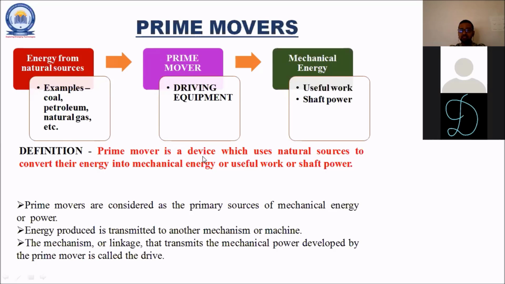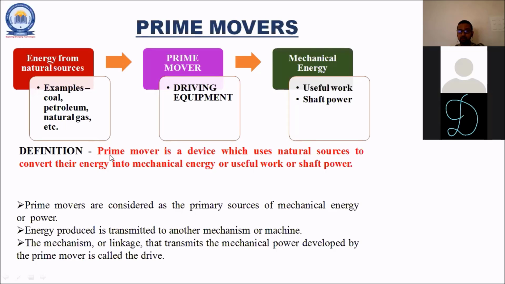The prime mover is a device which uses the natural sources to convert their energy into the mechanical energy or the useful work or the shaft power. Repeating the definition once again, so try to remember, try to understand the basic concept, the theoretical approach.